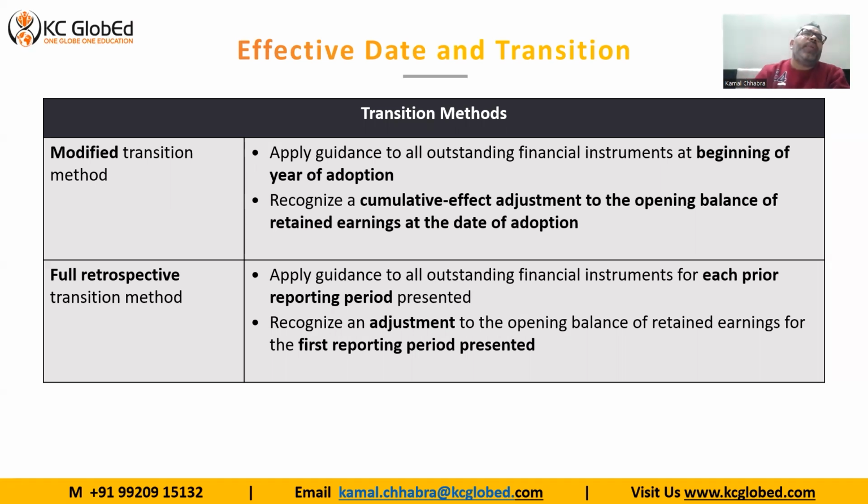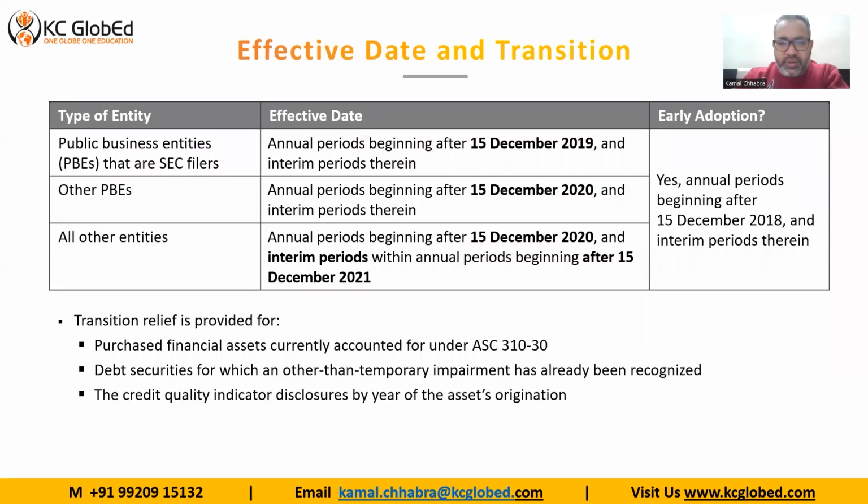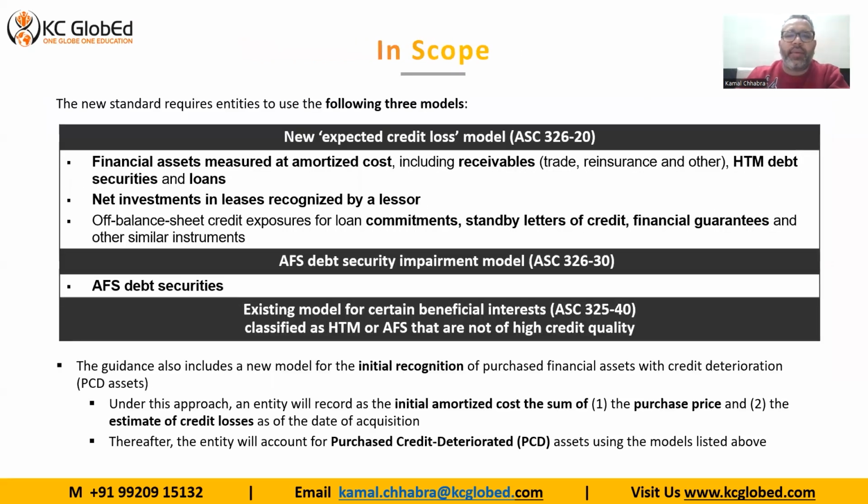For example, if you are adopting ASC 326 in financial year 2022, then on 1st January 2022, whatever transactions you have for trade receivable, insurance receivable, other receivable, held till maturity security, loan receivable, lease receivable, available for sale debt security, to all those open items at the beginning of the year you will apply this standard and understand the impact of this new standard.